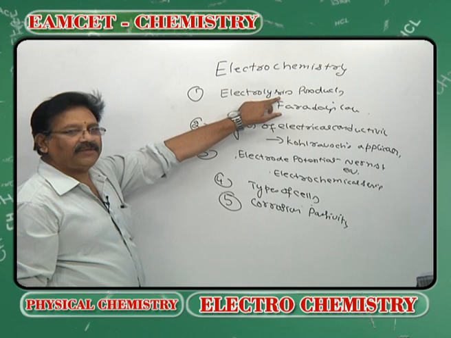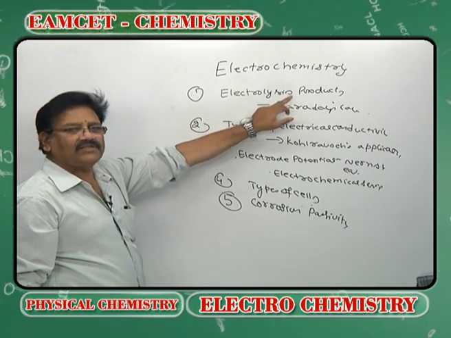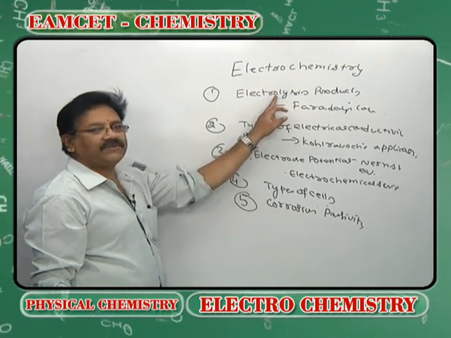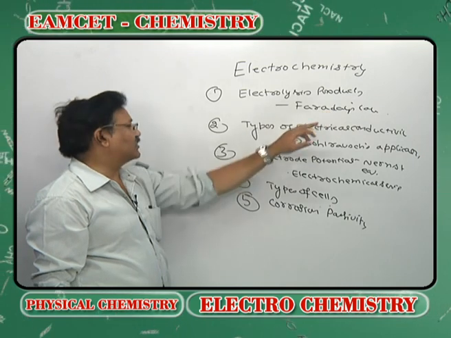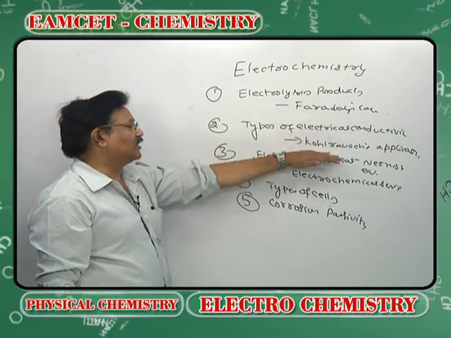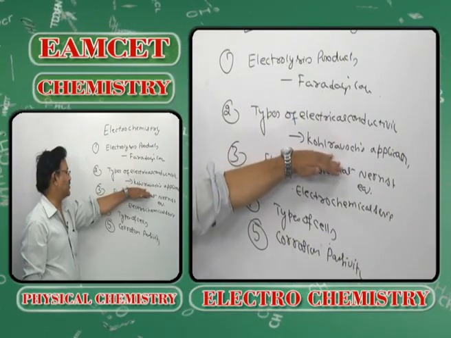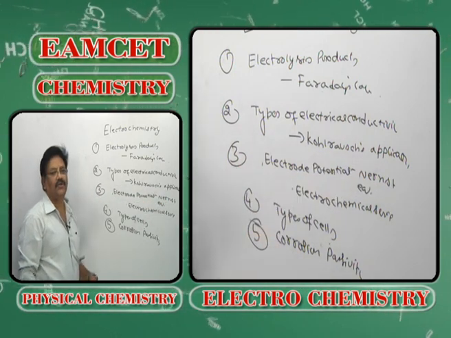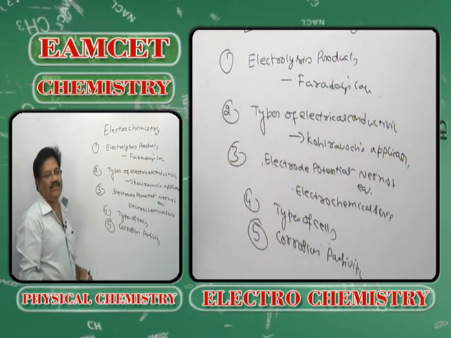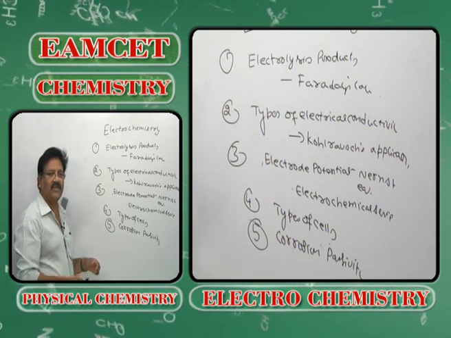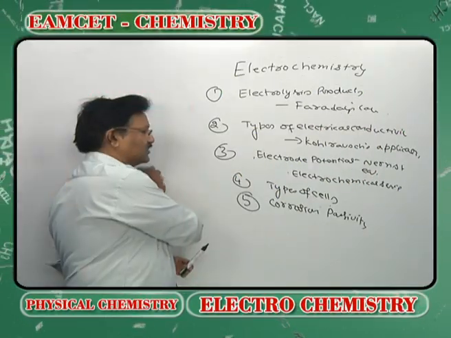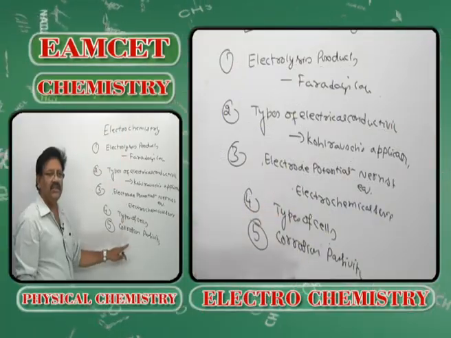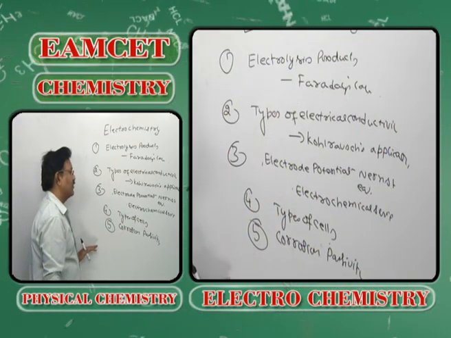In the first 3 topics, we can expect theoretical as well as numerical questions: electrolysis products and applications of Faraday's laws, types of electrical conductivity and Kohlrausch law applications, electrode potential, Nernst equation, and applications of electrochemical series.